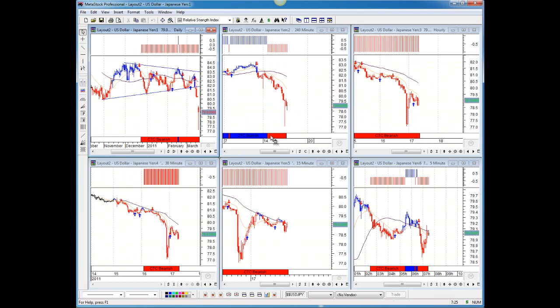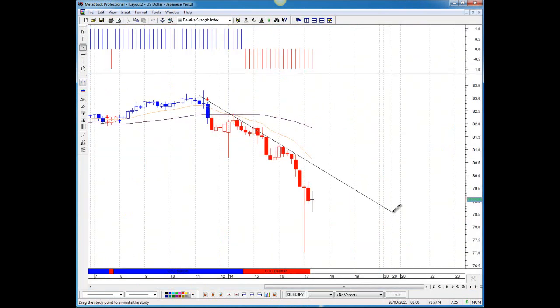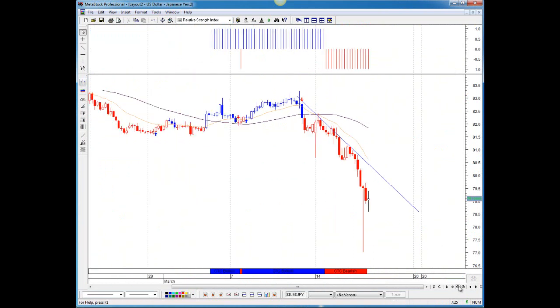Look at intraday. You can see on a 4 hour, lower swings, swing low, and momentum really starting to kick in now. The 50 and the 20 are evenly spaced, showing you the volatility in this pair, pushing it lower.